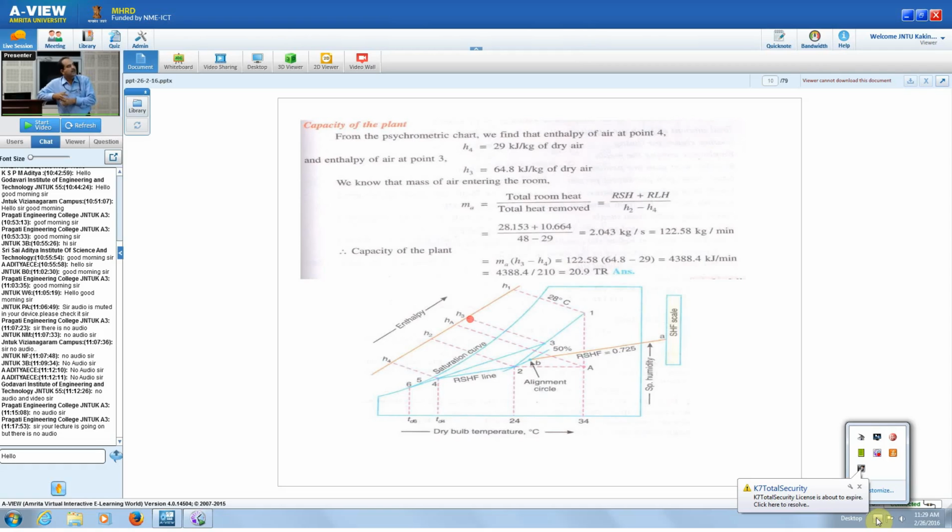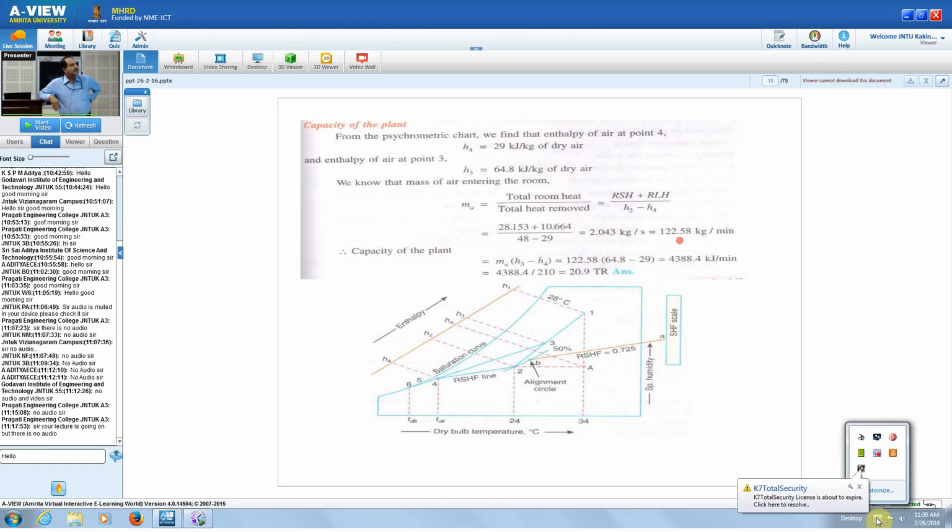Therefore, the mass is the total room heat divided by the total heat removed. Total room heat, which we have already calculated, is room sensible heat plus room latent heat, divided by H2 minus H4. Accordingly, we get the mass value 122.5 kg per minute.